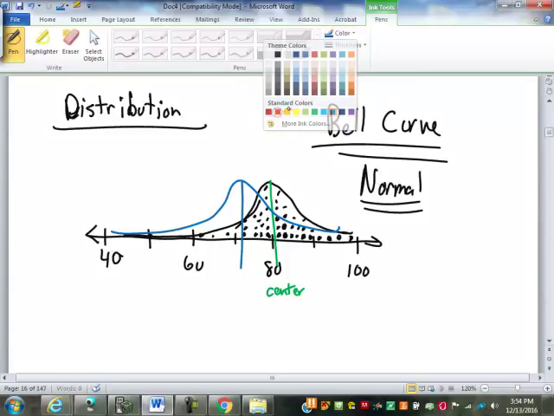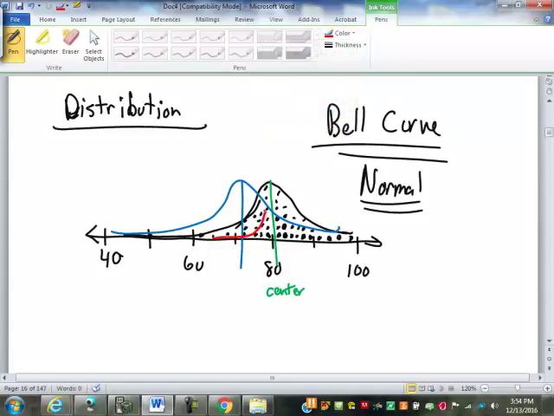But if I wanted to compare the black to the red curve, how would I describe that difference? Their center's at the same place, but the red one is narrower. That's what we call spread, sometimes called dispersion. So numerically, we need to describe the center of these distributions, the center of that curve, and the spread, how wide it is.